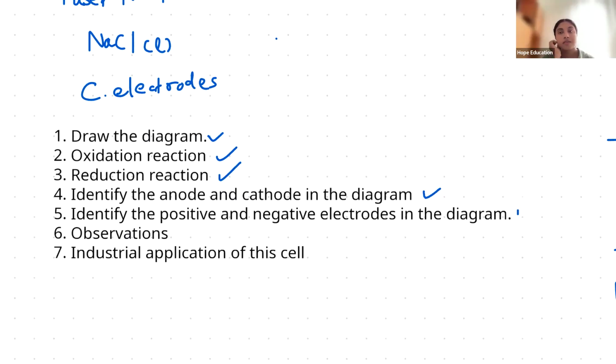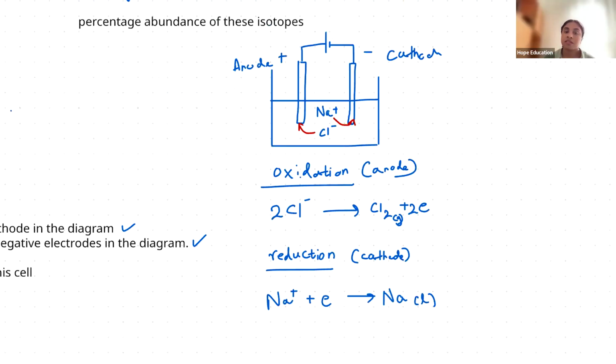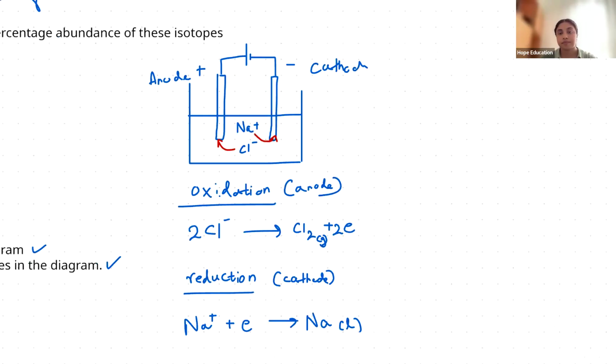Right. What are the observations of this cell? What are the observations that you wrote? Blue color of the solution gradually disappears.